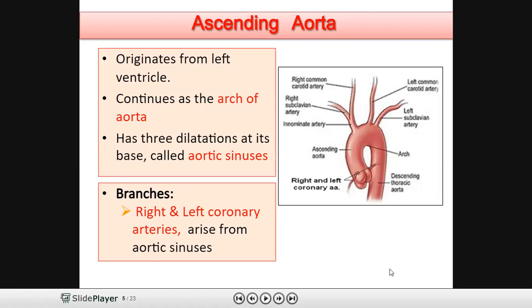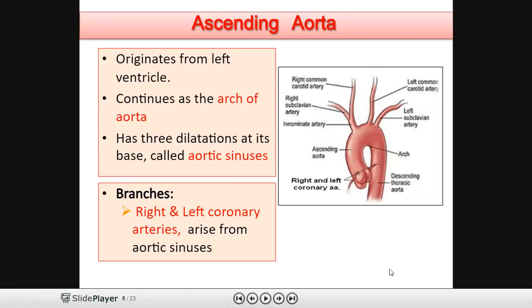So in my next class, you are going to tell me the branches, the names of these arteries and their branches. And you will tell me also at what level does the aorta change from the ascending aorta or from the aortic arch to the descending thoracic aorta, and at what level does it change to abdominal aorta?